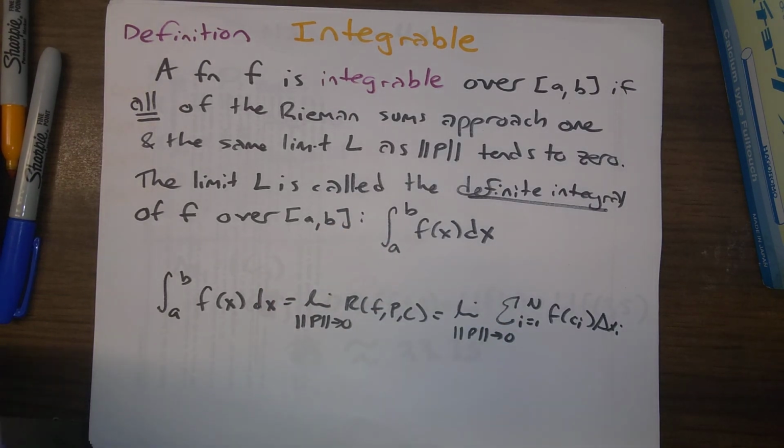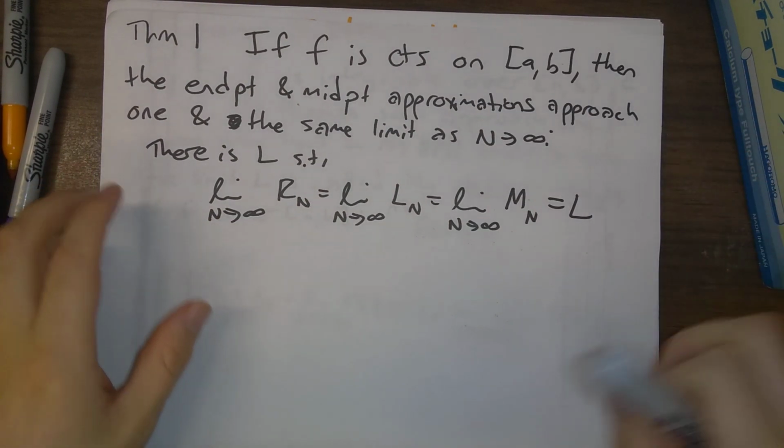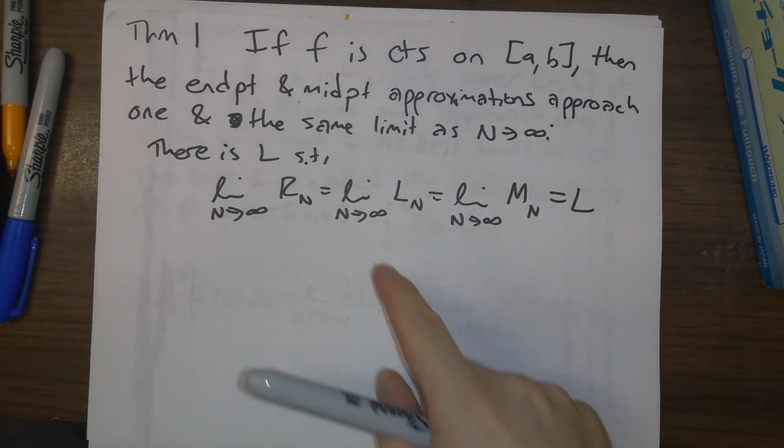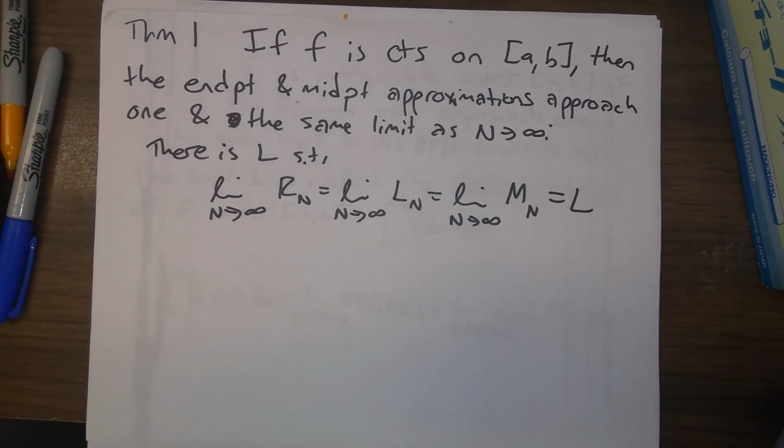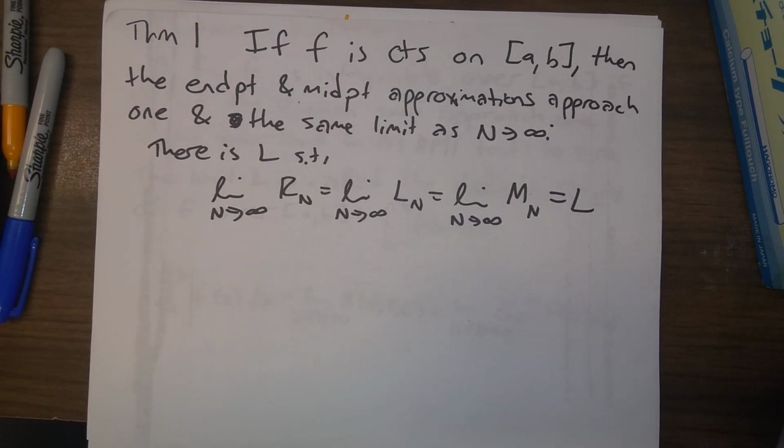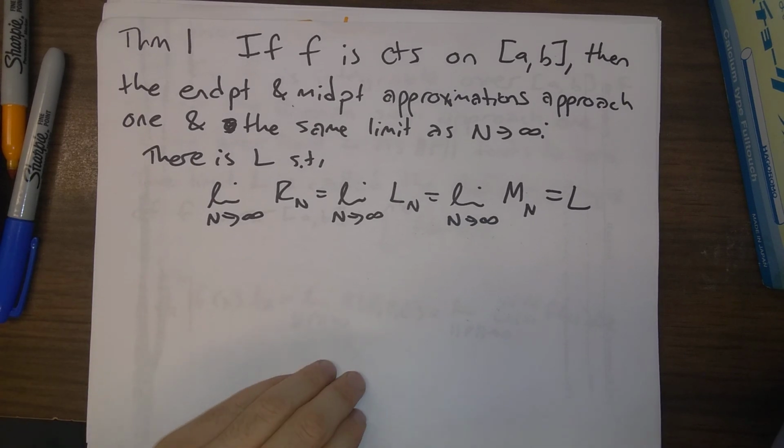In the previous video, we said that if our function is continuous, both endpoint approximations and the midpoint approximation all go to the same limit as n goes to infinity.